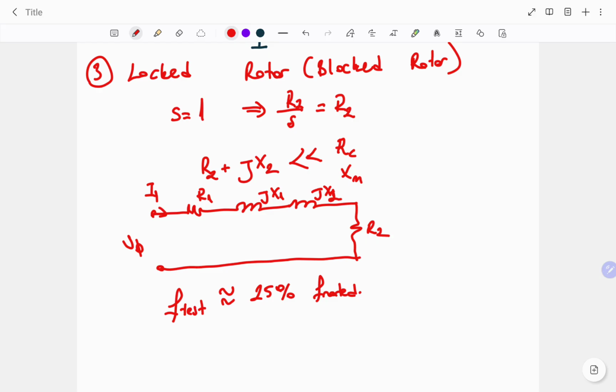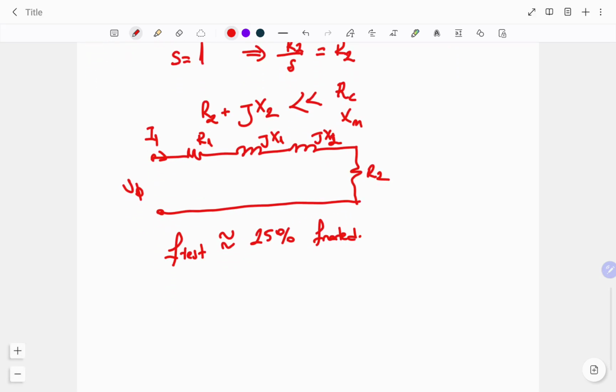All the components are connected in series, and we can calculate the locked-rotor impedance. During the locked-rotor operation, the magnitude of the impedance can be calculated with V phase over I1, and which includes locked-rotor resistance and X locked-rotor prime.